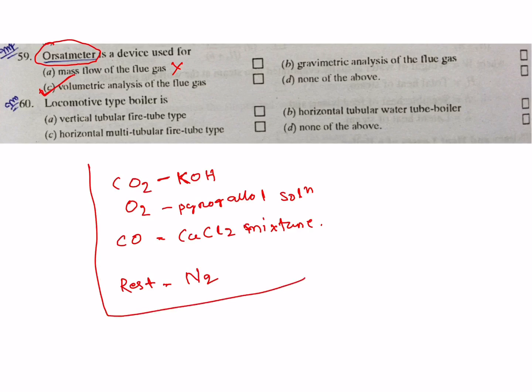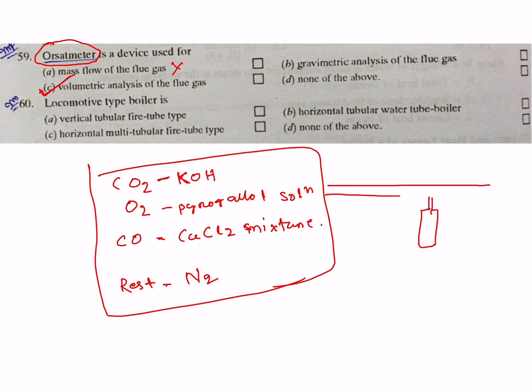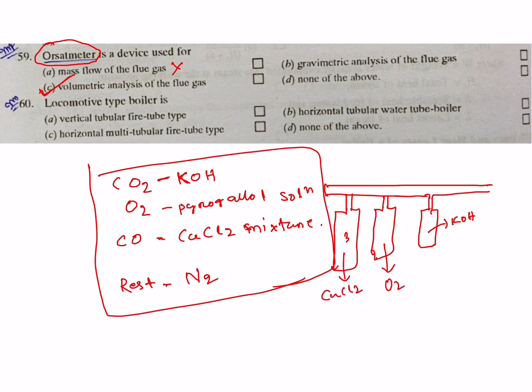So from the flue gases, if one tube is there, first you will get one, second, then third. The first one is your KOH solution, then second one pyrogallol solution for O2, then CuCl2 solution, third.